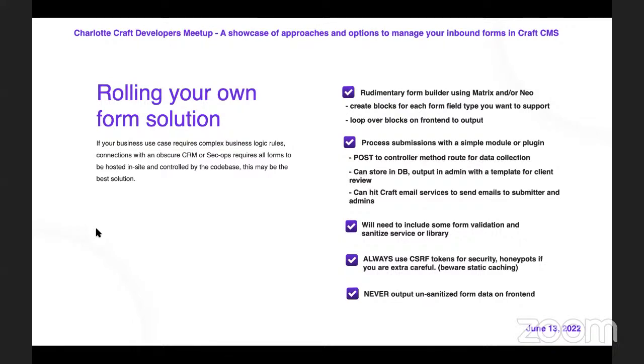Fields in there for error messages and anything that you would need encapsulated around that form itself, validation rules, all of that. And then easily just loop over those blocks on the front end to output that markup. A simple module or a plugin can easily ingest all of that information on a submission and do whatever you need it to do, whether quickly you can post to a controller method route for the data collection.